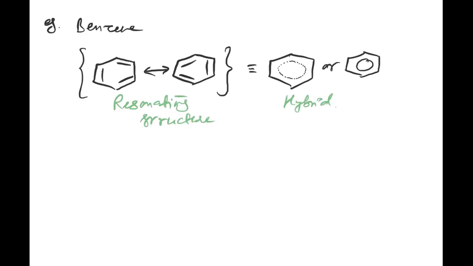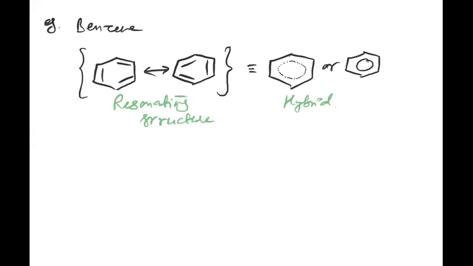The hybrid structure of benzene can show properties of both resonating structures. The carbon-carbon bond in benzene is somewhere between a single bond and a double bond.